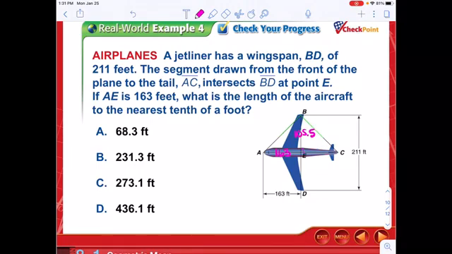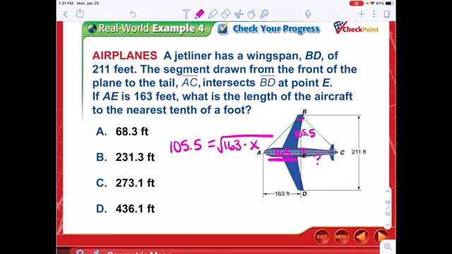From here, I have an altitude coming in, and I have part of the hypotenuse broken out. I need to find this other piece here. Okay? So I'm going to use the geometric mean altitude theorem, where my altitude, 105.5, equals the square root of the two pieces of the hypotenuse that it's cutting.